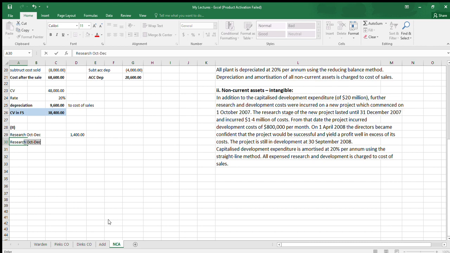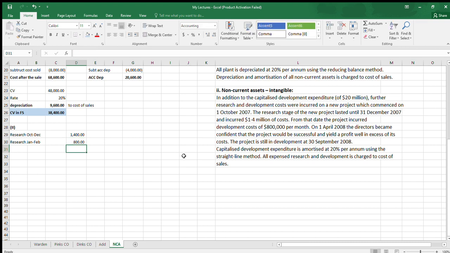Another research from January to February. Mind you, it is from 1st April. So from January to February, we have another research which was $800,000 per month. So 800.